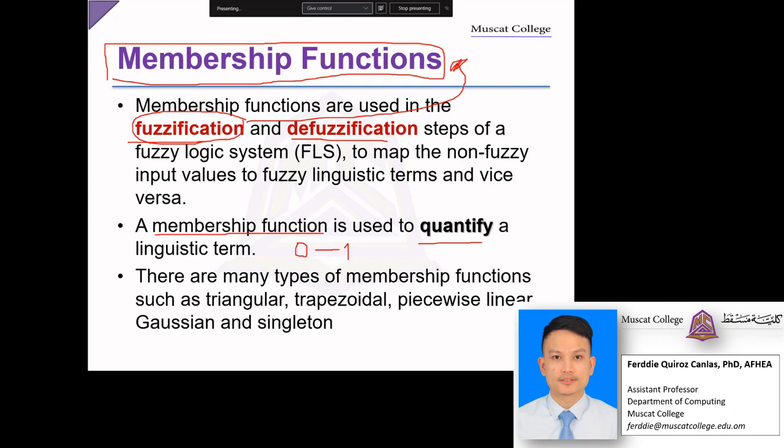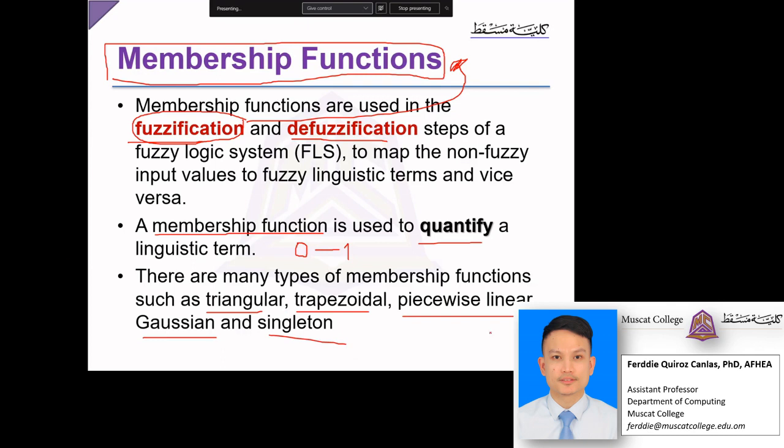So in fuzzy logic, we are using plenty of examples of membership functions. We have the triangular, the trapezoidal, the piecewise linear, the Gaussian, and the singleton.